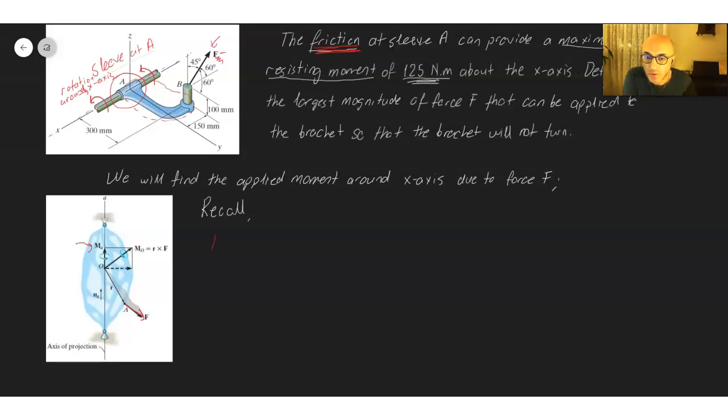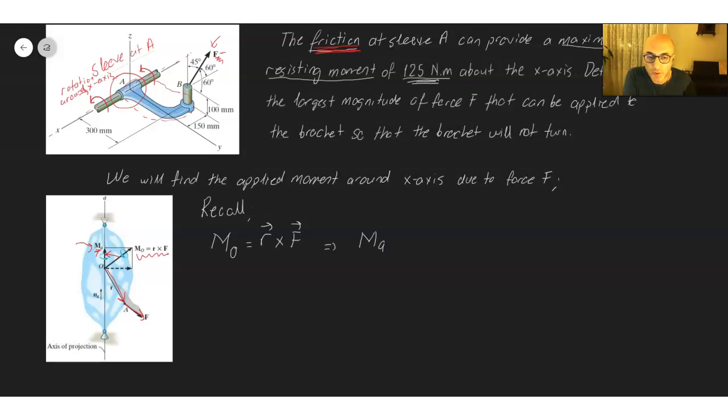So moment about point O is this: we use the position vector r cross product F. So this is MO equals r times F. What we essentially do is project this MO vector onto the A axis to get the moment about A, and that's done by a dot product.